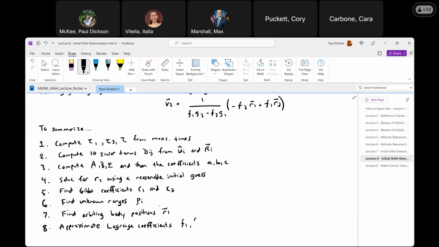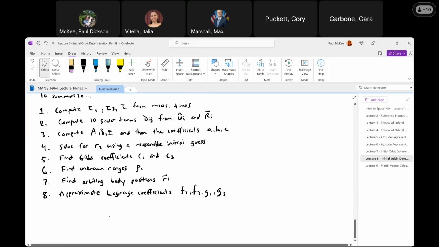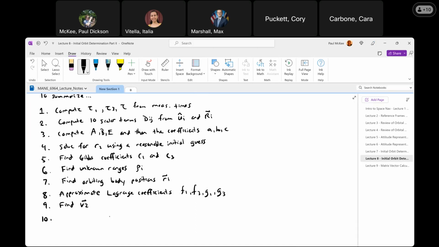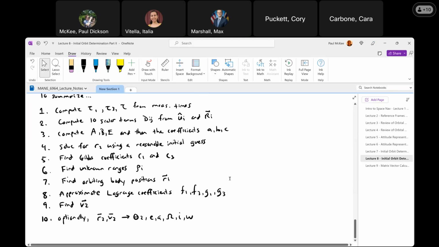Finally, find V2, and optionally your R2 and your V2 can be used to find theta 2, E, A, big omega, I, and little omega. And that's it. That is Gauss's method.